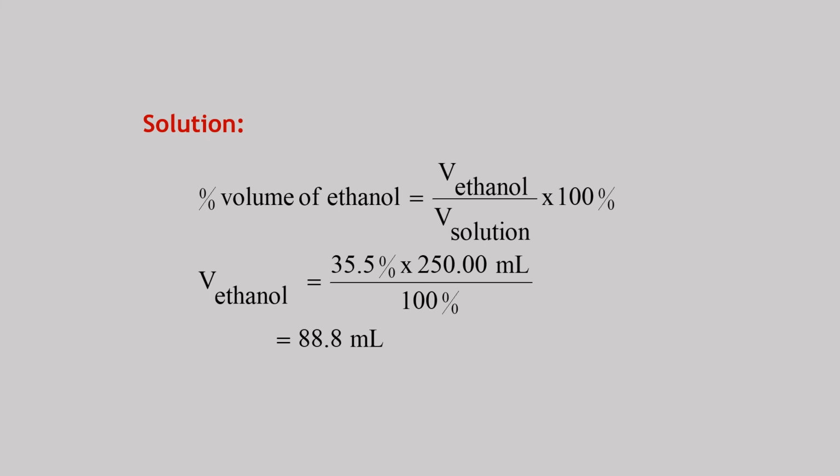For the solution, percentage volume of ethanol is equal to volume of ethanol divided by volume of solution times 100%. So insert the values in the formula, and finally you have the volume of ethanol equal to 88.8 milliliter.